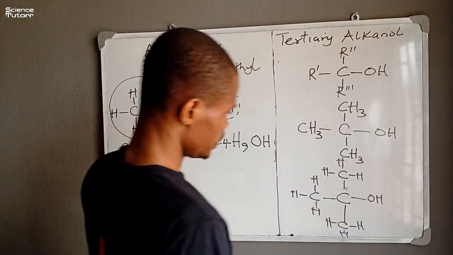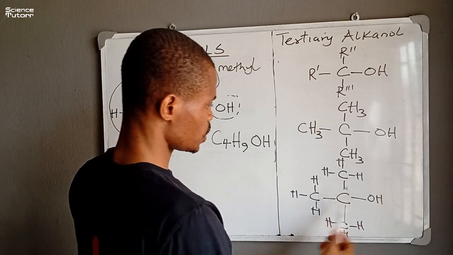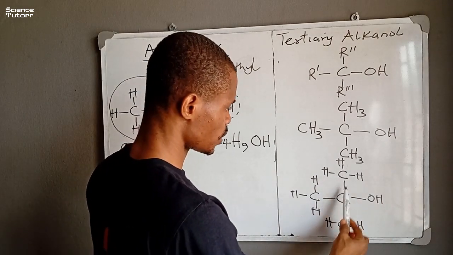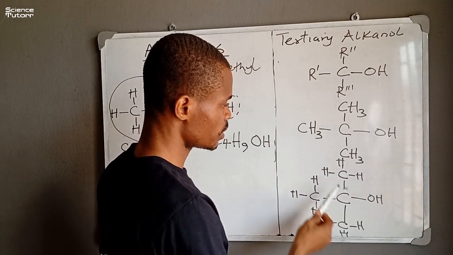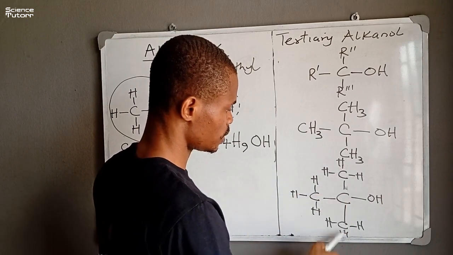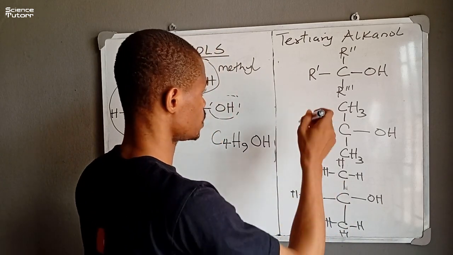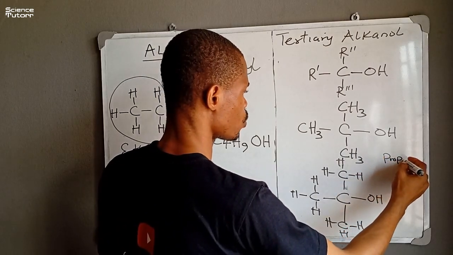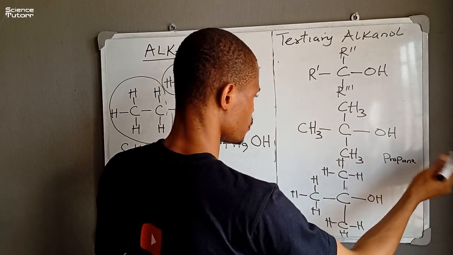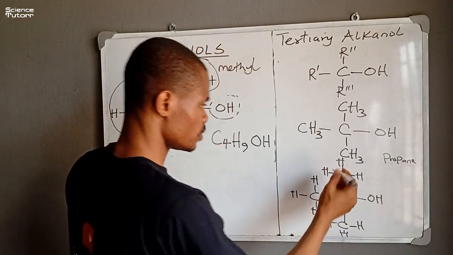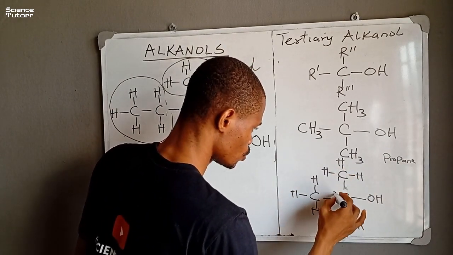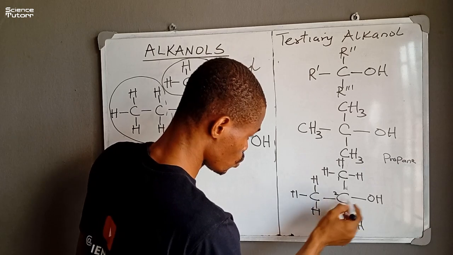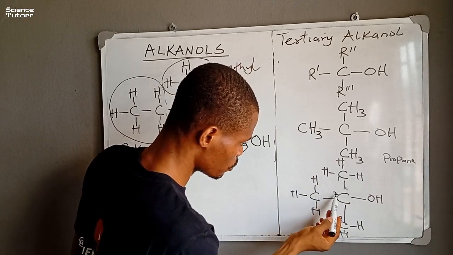Now, in naming this compound, we simply consider the longest carbon chain. In this case, we have 3, so it takes after the name propane. So prop comes into play from the word propane. 1, 2, 3. So we have 2.